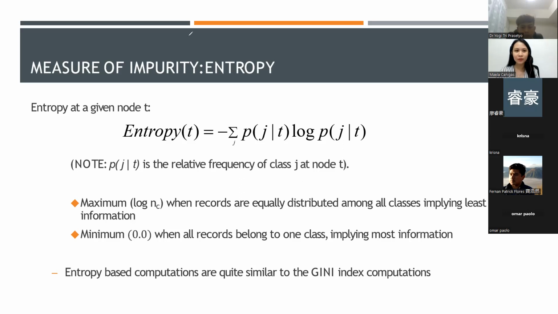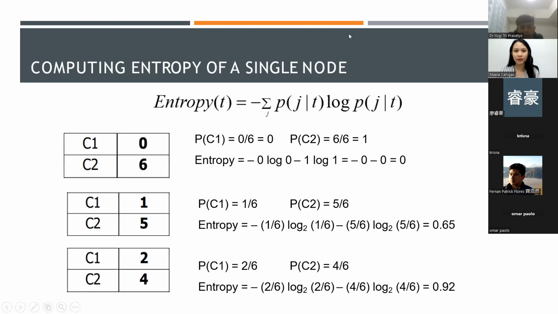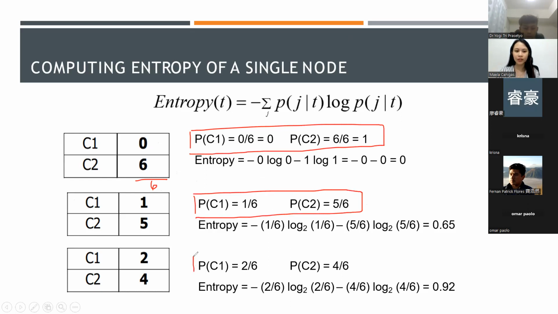But just to show its formula as well, we'll utilize the same example from earlier. So we just have to include log. That would be negative probability times log, plus the next term. So total is 6. For this part, we just have to do what we've done earlier, and then we just have to change our values.